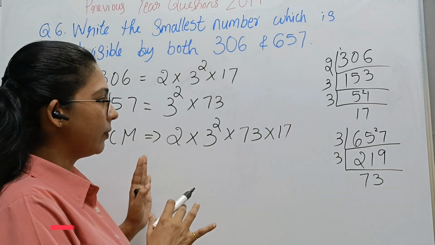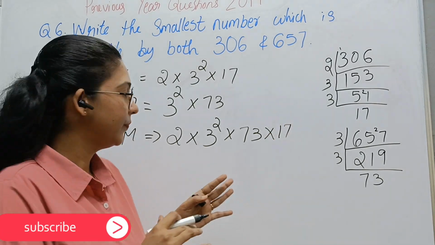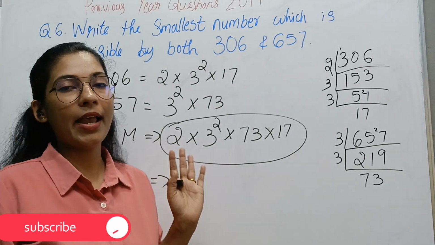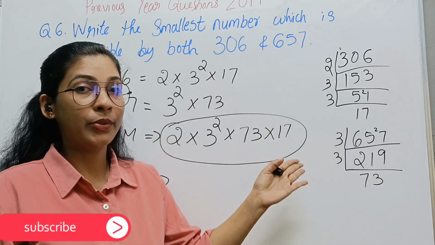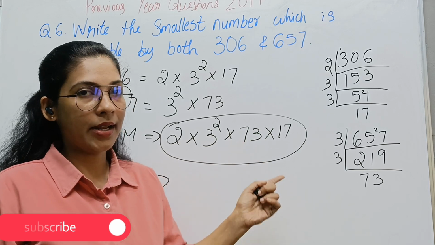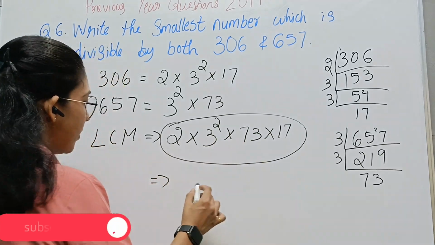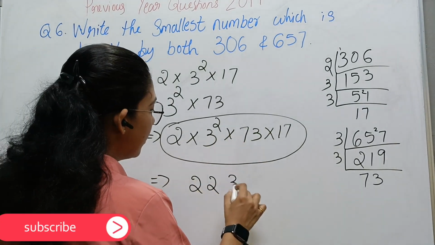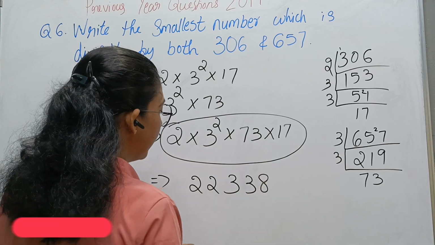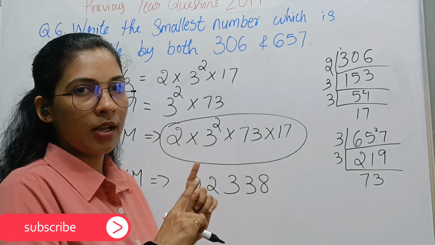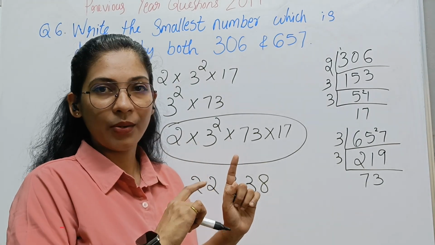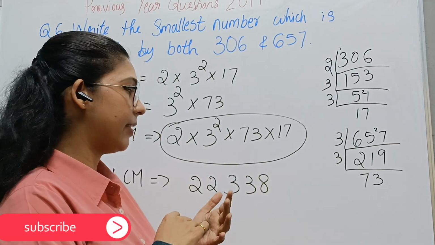I'm not multiplying here, you have to solve each and every step. So the final answer will be 2338. So this will be the answer, the LCM. You should practice this question.